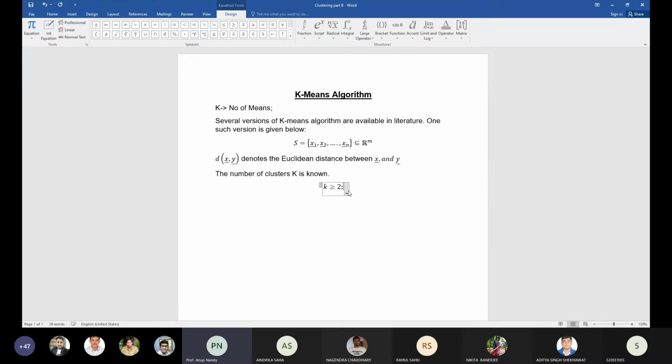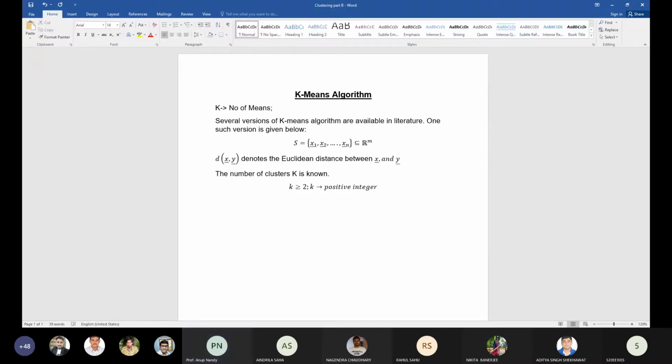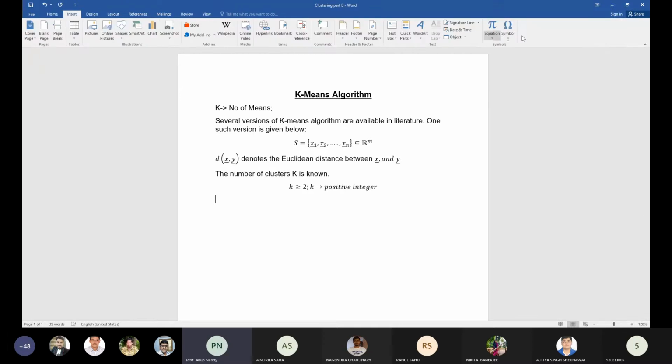At least you need to have 2 clusters, and k will be a positive integer.